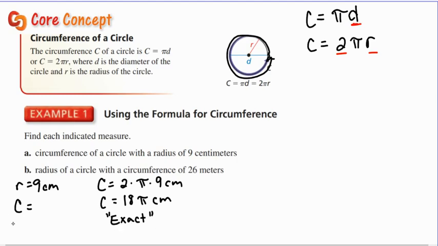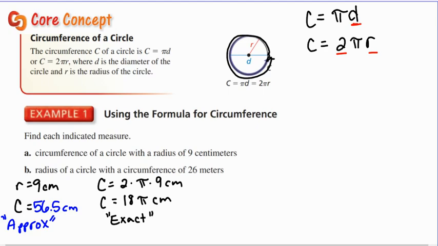However, if the problem says that we want an approximate answer, I can go ahead and put 18 times pi into the calculator and find out that this is approximately 56.5 centimeters. Okay, so you need to know the difference between the directions telling you approximately how long or exactly how long.